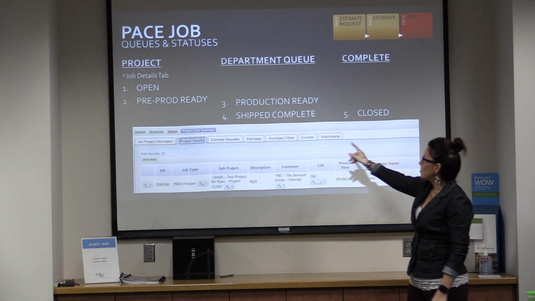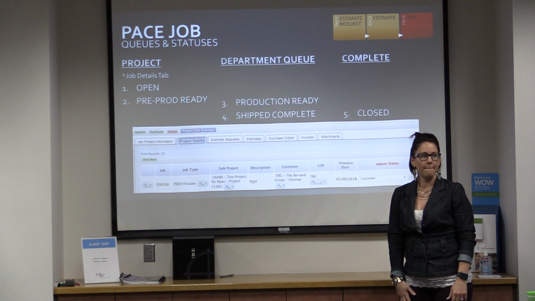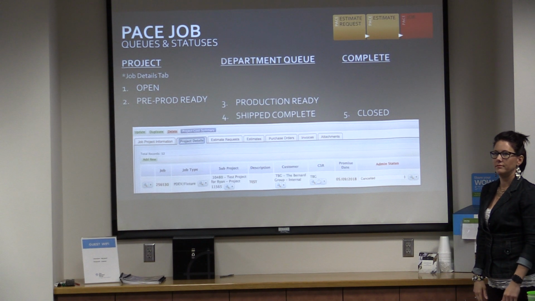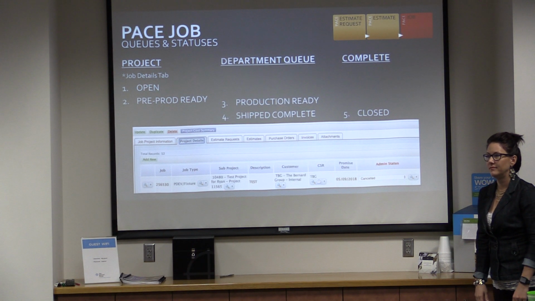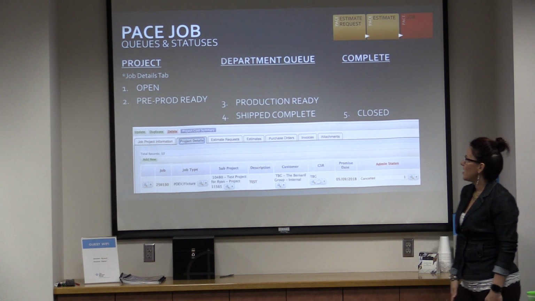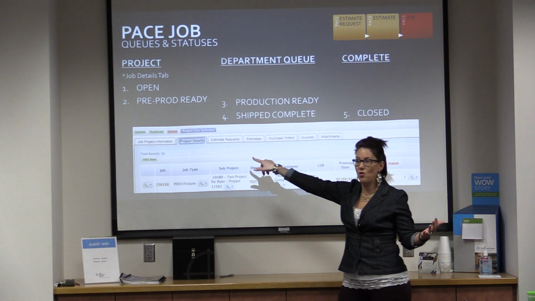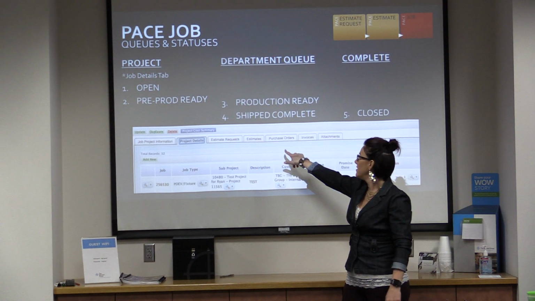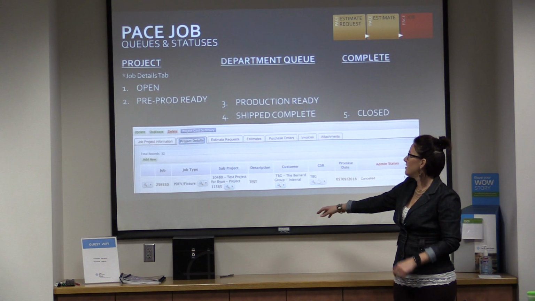So this is the project screen. Does anything look different on there? We added a couple tabs, so now there's an estimate request tab, so you can see all the estimate requests that are tied to that project. There's an estimates tab, so you can see all your estimates tied to that project.